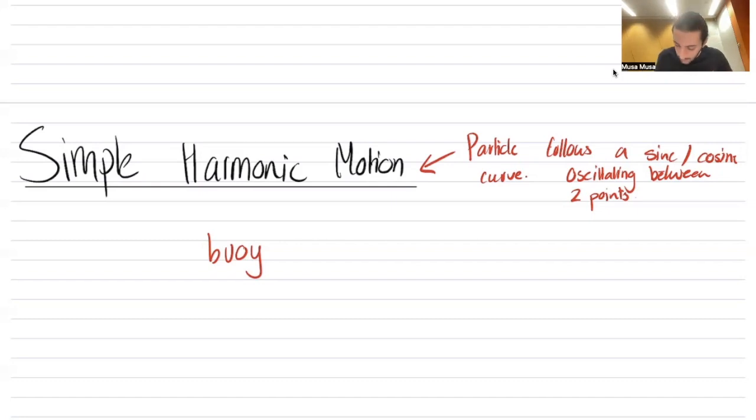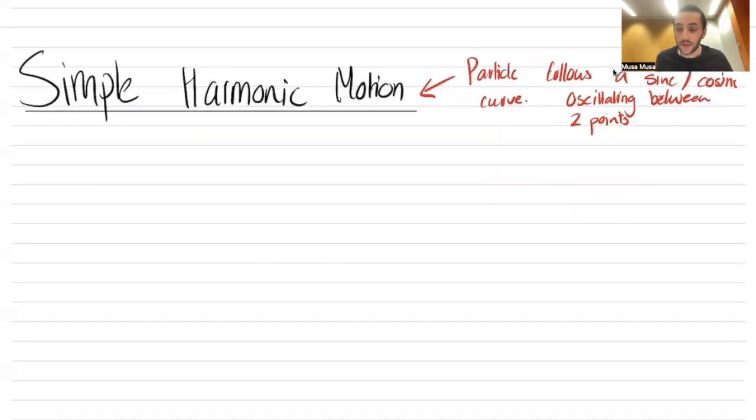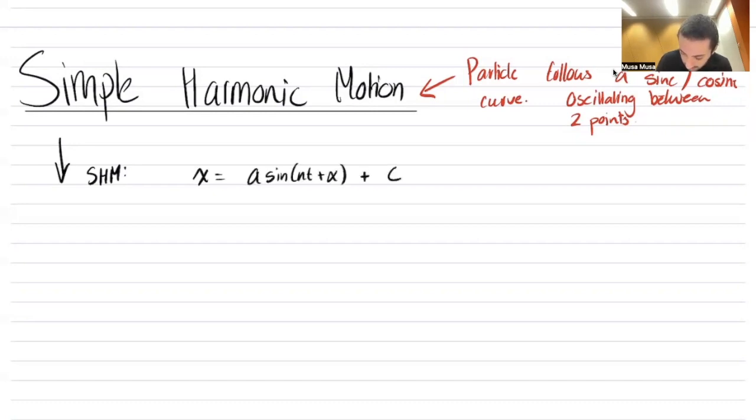Wonderful. Anyway, we'll draw a bit of a curve and we'll talk about all the different parts of the curve which correspond to parts of the equation. So generally, something that follows simple harmonic motion can follow one of 3 curves. The first is x equals a sin(nt + alpha) plus c.